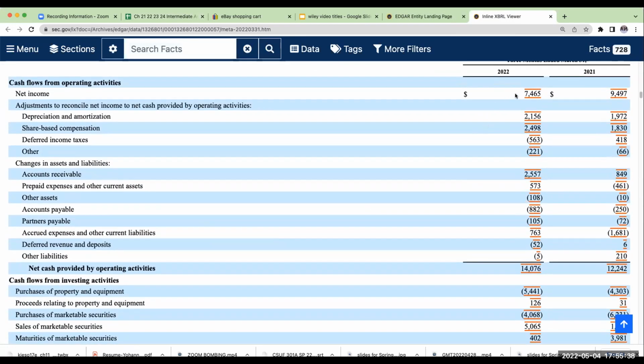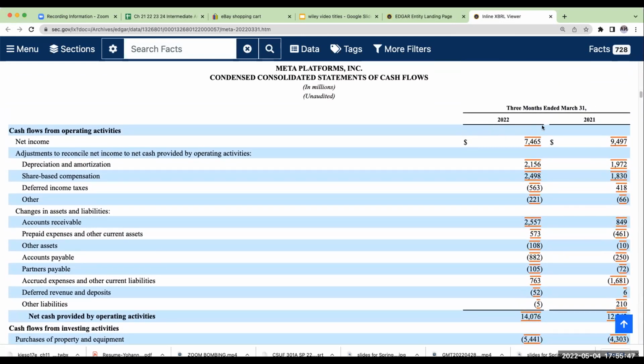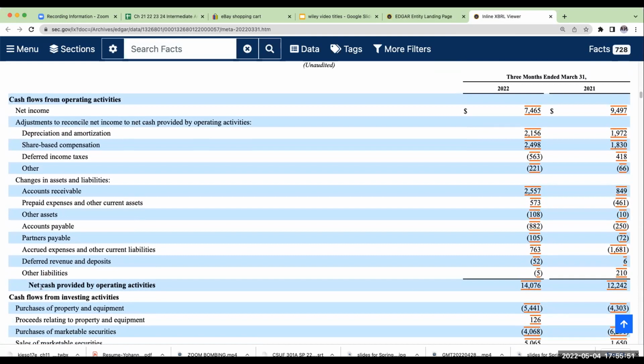This is why it's so important to look at the indirect method. Our net income was $7.4 billion for the 3 months ended March 31st, 2022, and the net cash provided by operating activities was about 14 billion. Why is there such a difference? There are two big items here: share-based compensation and depreciation. Both are non-cash charges.